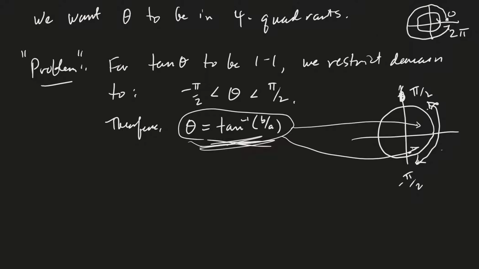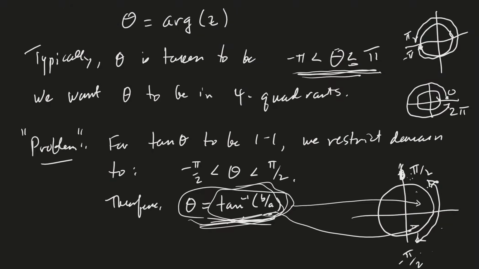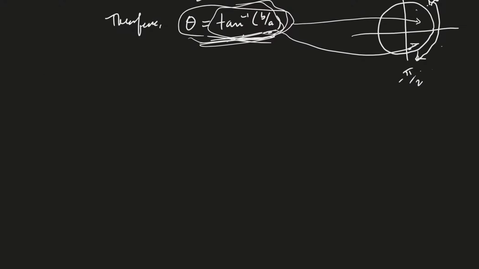If you take an a and a b and compute this inverse tangent on your calculator, you're going to get an angle between plus and minus pi over 2. But we may not want that. We want our angle to be a 4-quadrant inverse, and that's what I'm going to talk about now.